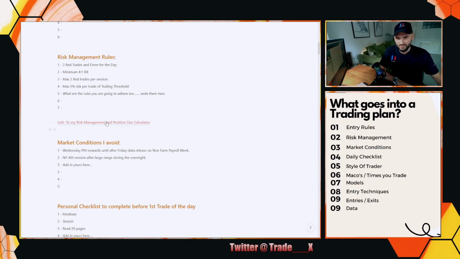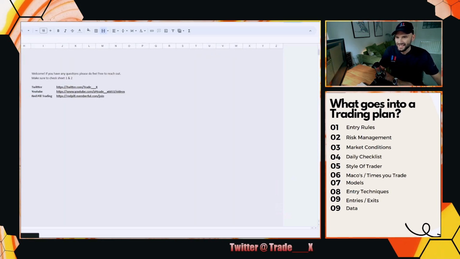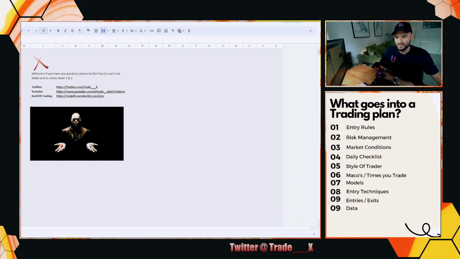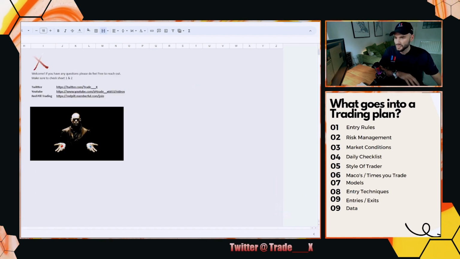So again, if you ever see red, just click on it and it will link you to another page. So if you link to this, it will go to my position size and risk management calculator, and this enables you to define your risk management strategy and your risk per trade, depending on the trade that you are looking at. Okay, guys, if you want to know how to utilize this document, part 1 of my trade management masterclass on YouTube goes through this in detail.